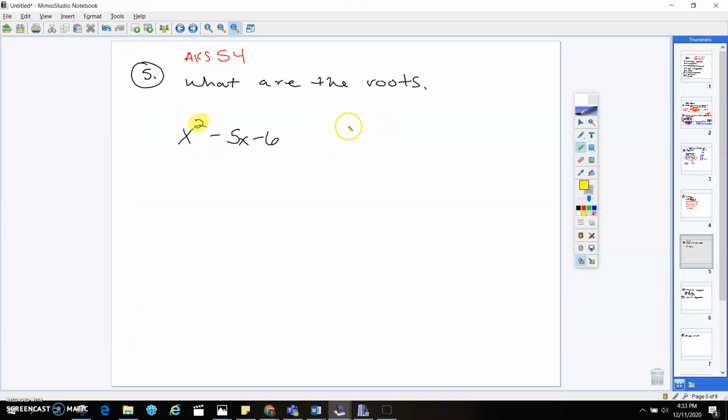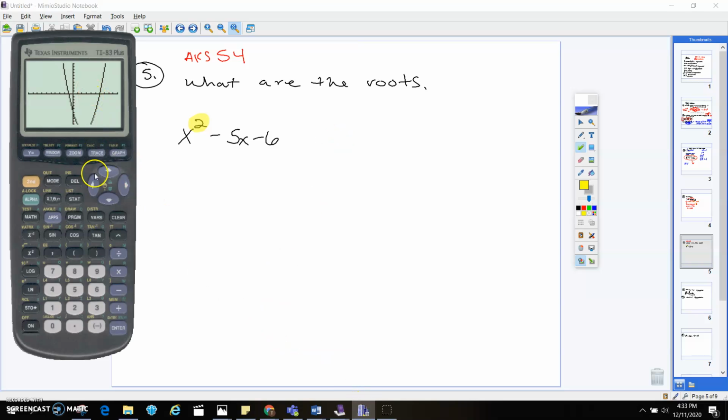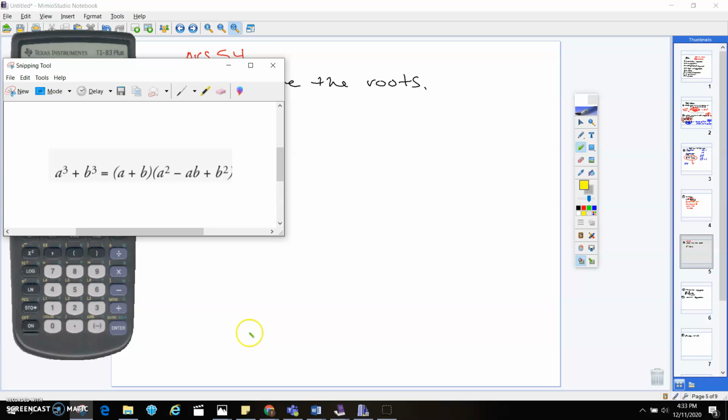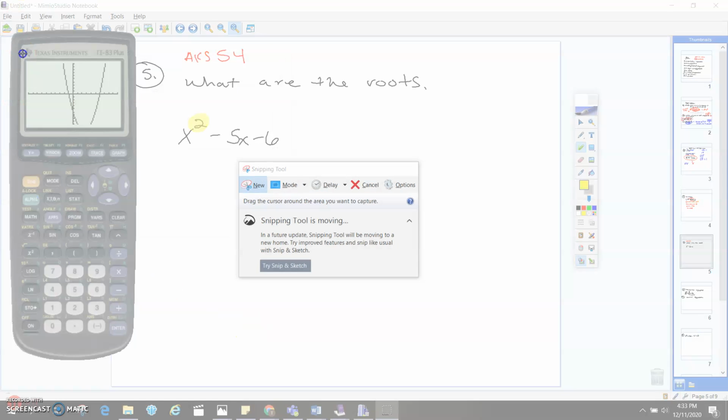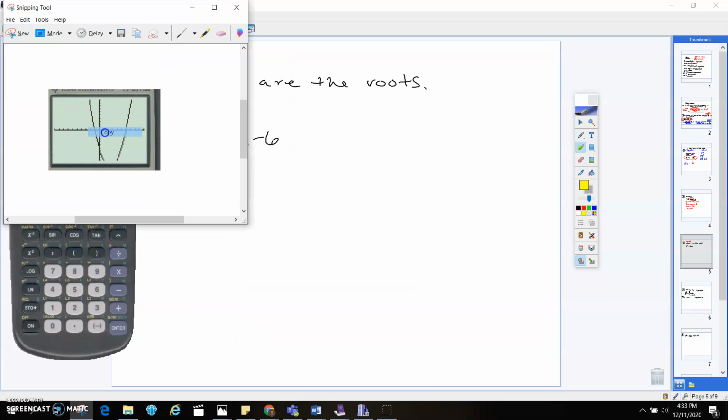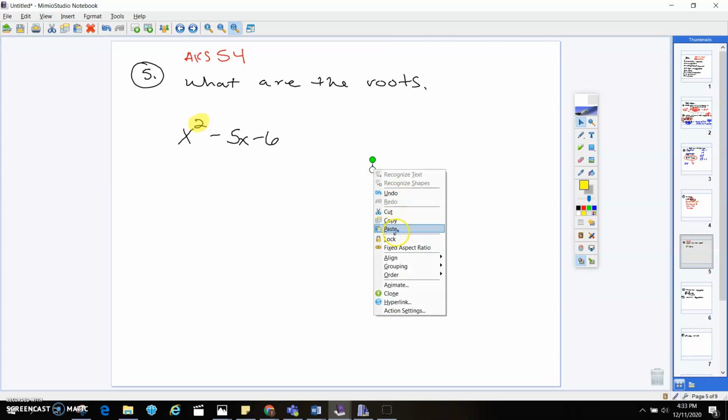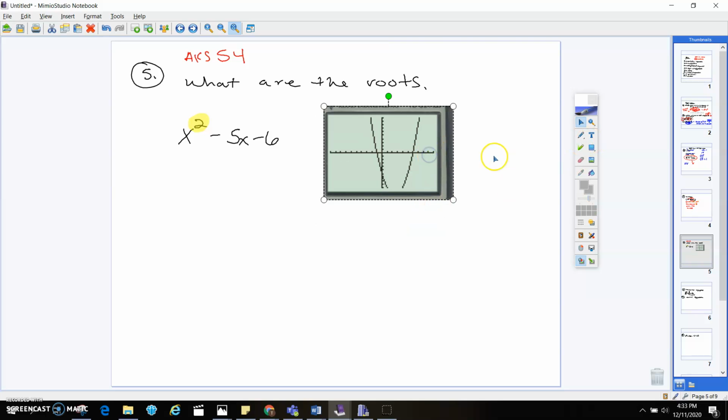That means I have 2 possible solutions. However, when I look at my graph, it crosses the x-axis. The x-axis is the real one. So we got 2 real solutions, right?